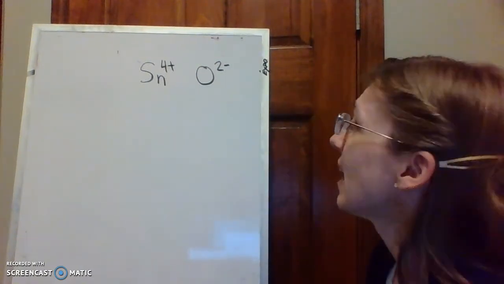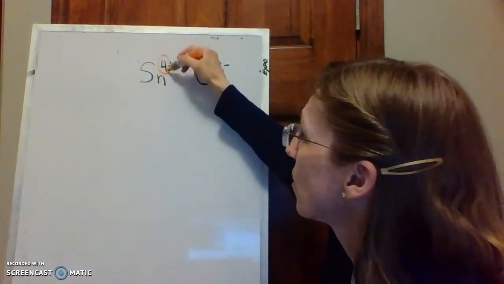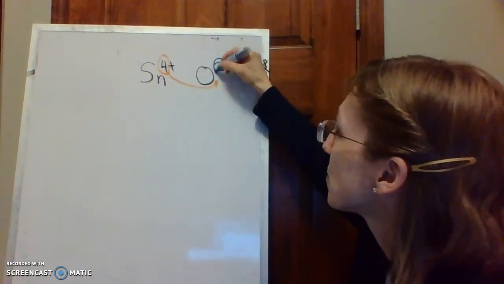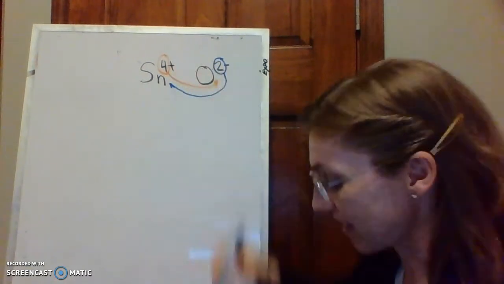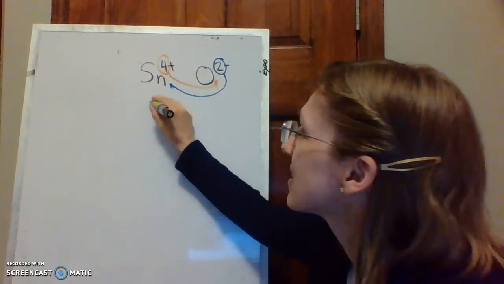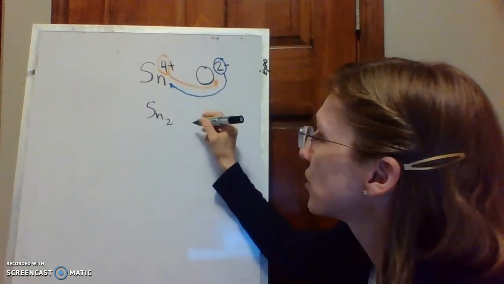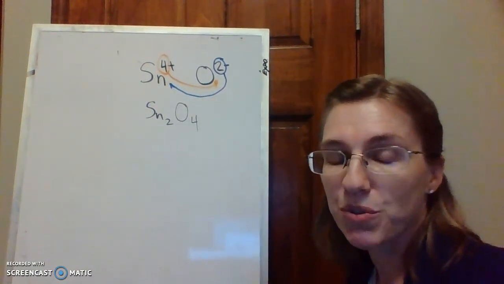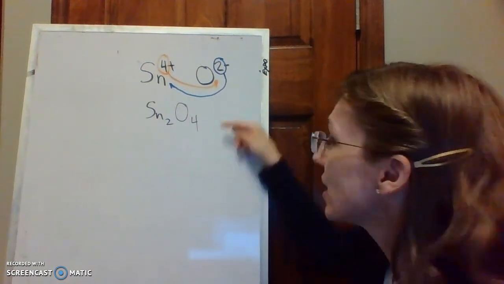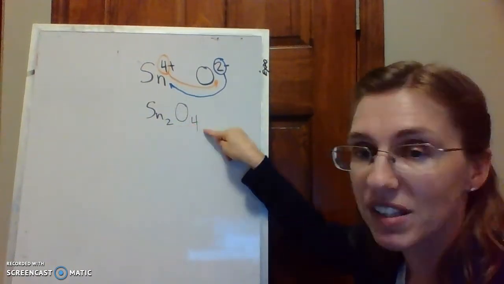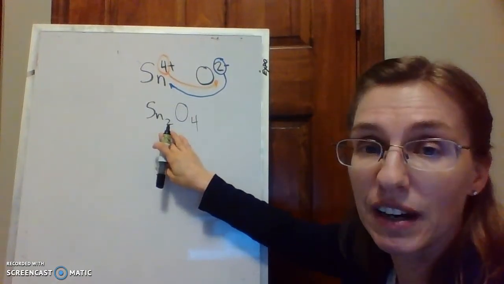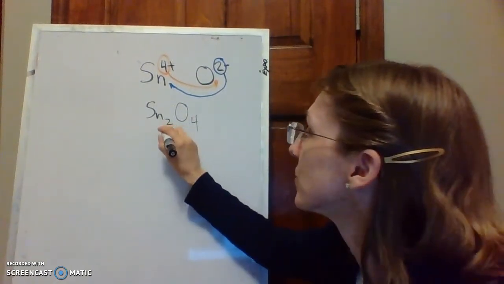So let's do this guy just the way we did before. I'm going to draw in our shortcut one last time here, to make sure we've got it down. The Sn ends up with a subscript of 2. The oxygen ends up with a subscript of 4. But the rule with ionic compounds is we need the lowest ratio possible. Well, we can divide both of these numbers by 2.